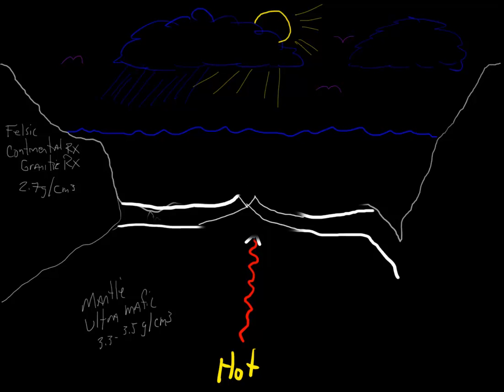And we actually call this the mid-ocean ridge. Mid-ocean ridge is an area of divergent forces. Divergent means that the crust is being pulled apart.